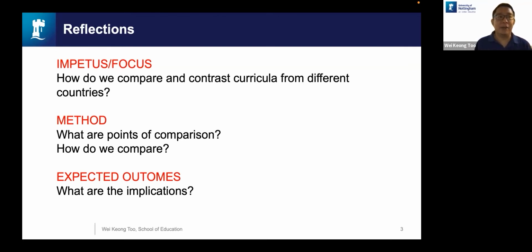Is it something very concrete? Or is it something to theorize theories? Or am I trying to prove something, saying that there are differences, where everyone knows that every country is different? So these are my think aloud processes.